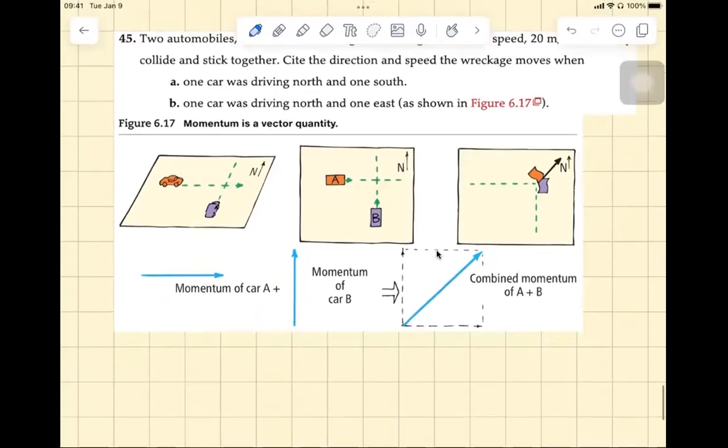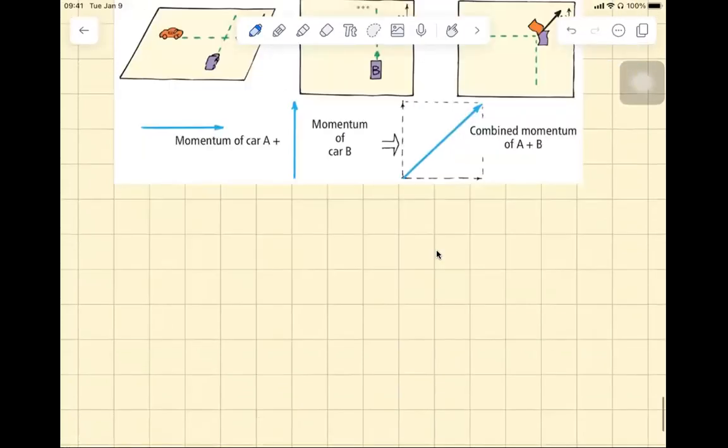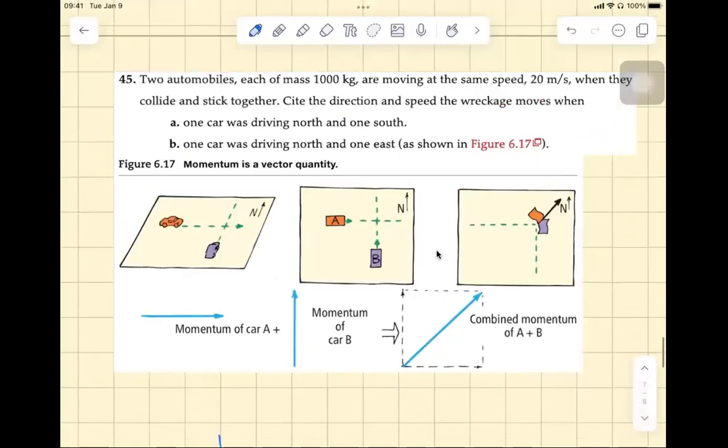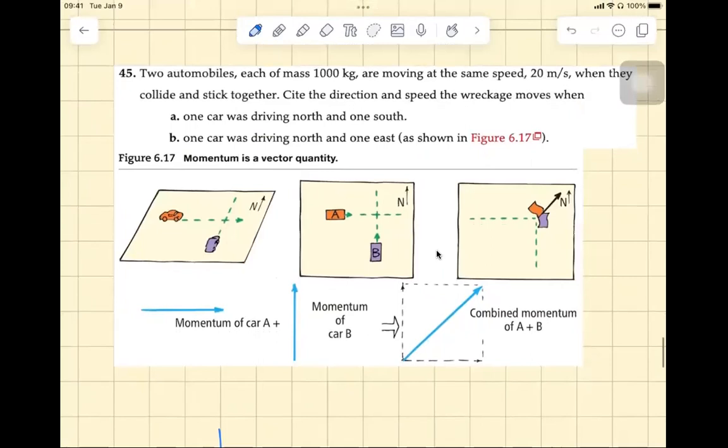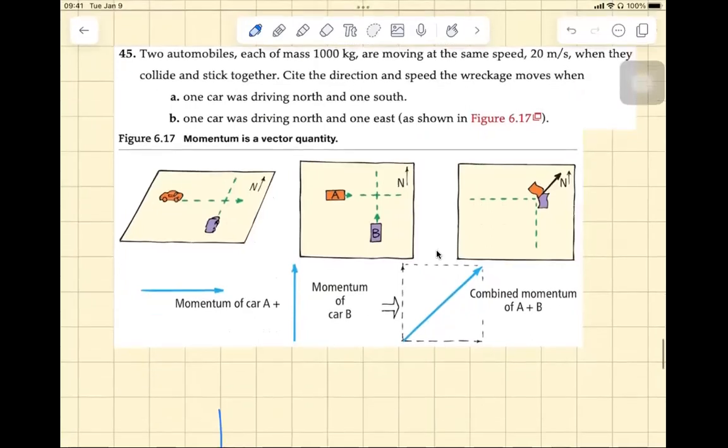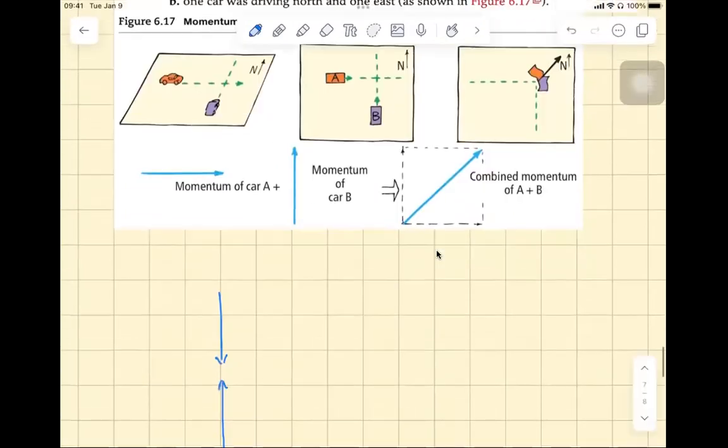Cite the direction and speed the wreckage moves when one car was driving north and one south. Okay, so I'm assuming that if that's the case, they're headed towards one another. Each of mass 1,000, and they both have the same speed.